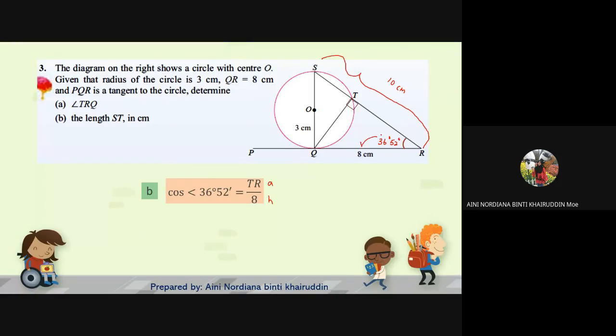Adjacent is TR, hypotenuse is 8. So TR equals 6.4. So ST equals 10 minus 6.4 equals 3.6 cm.